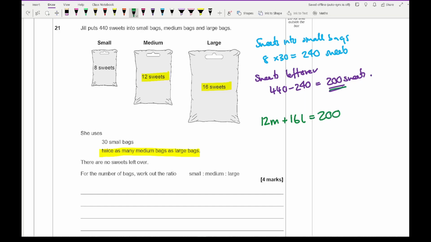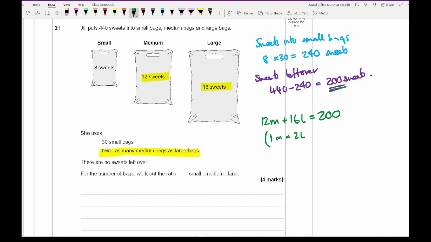We also know that there are twice as many medium to 1l. Well, actually, it's the other way around. So for one medium bag, there's going to be 2 large bags. So what we then need to do is substitute this all in.